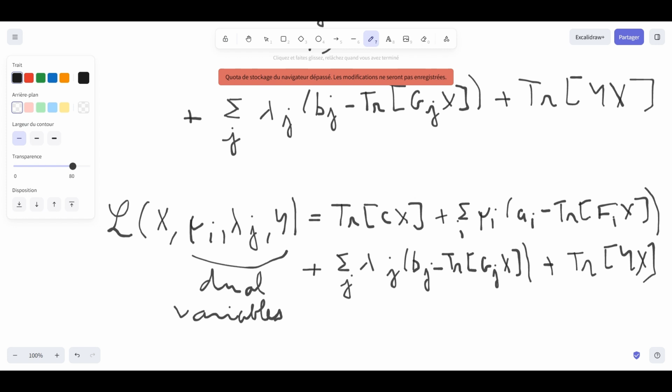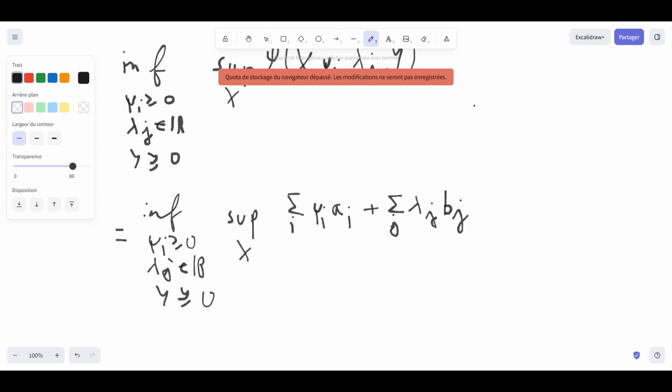And so all the other stuff depends on the trace on x. So we can factorize by them.